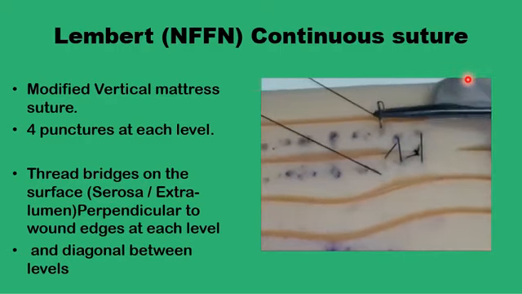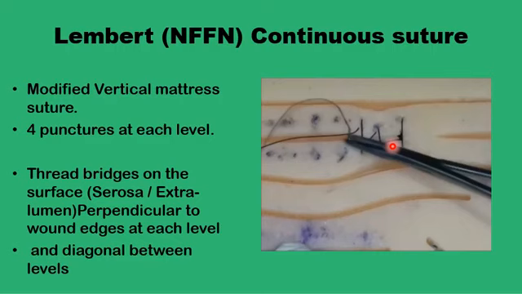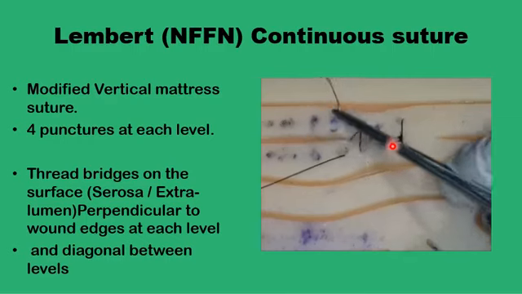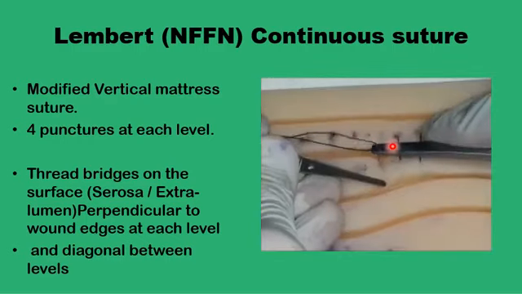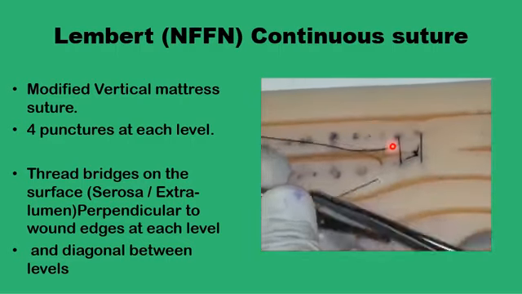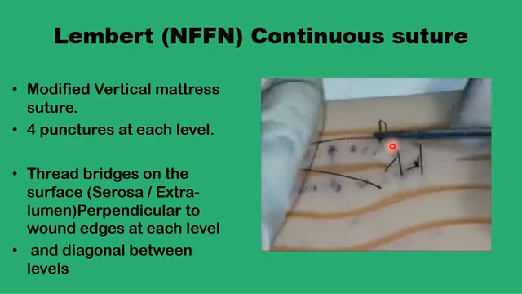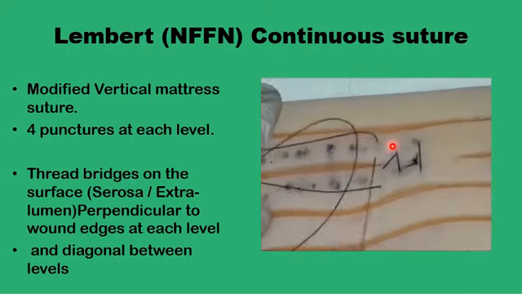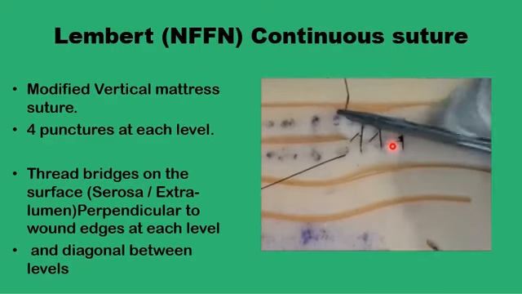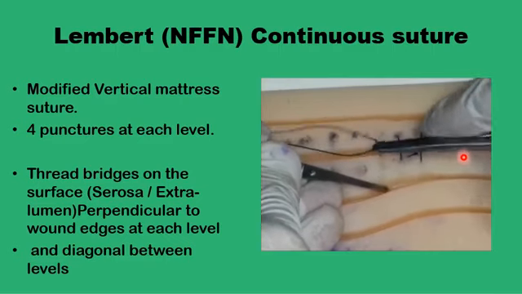So you go from near to far, and then from far to near, and go to the next level, near to far, far to near, then move to another level, near to far, and then far to near on the same level, then go to the other level, near to far, far to near, and continue like this.